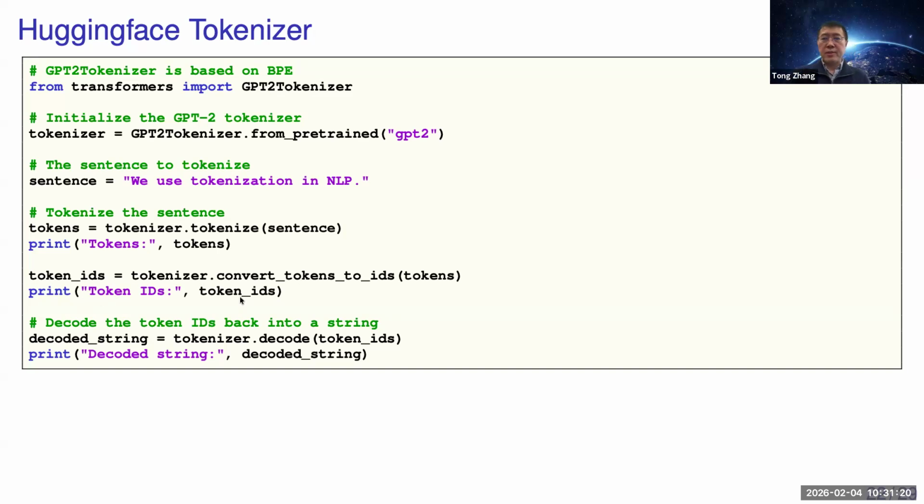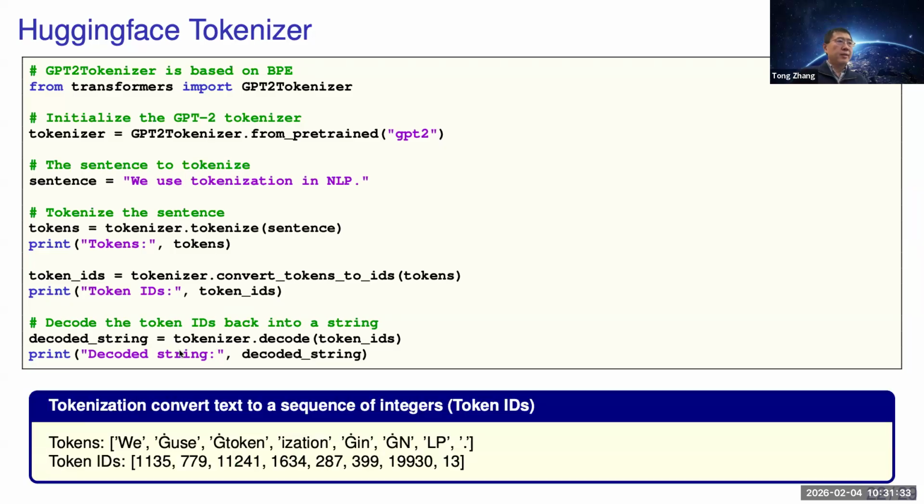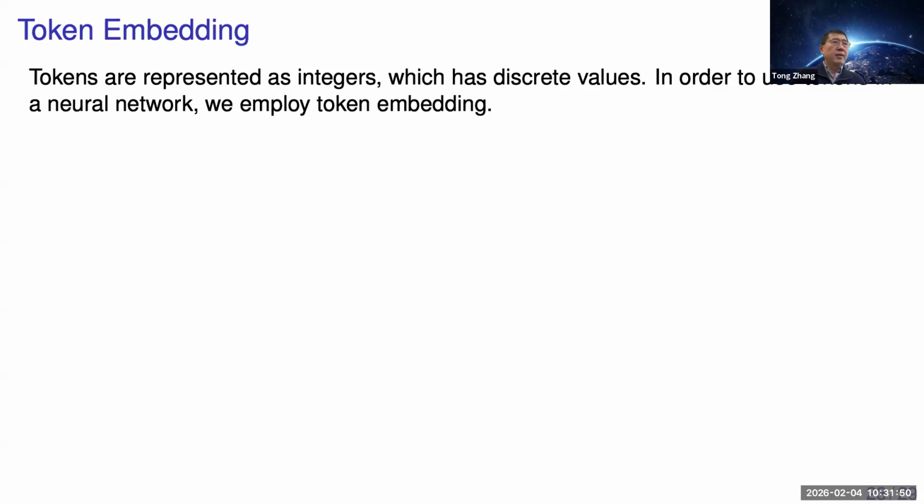This is basically what it looks like, some sequence. And then you decode the string. For example, this token is this guy. This is a space. This symbol in the GPT-2 tokenizer represents a space, just a visual representation. And the tokenizer gives back the string.